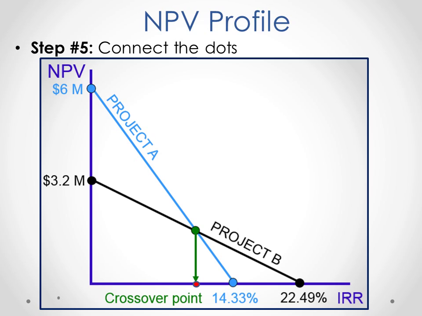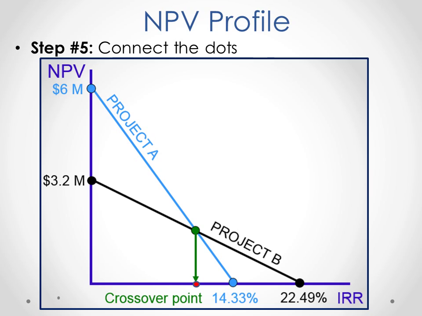Where these two lines intersect, if you go straight down from there, where that red dot is, that is what's called the crossover point. And that is where the net present values are the same for both.